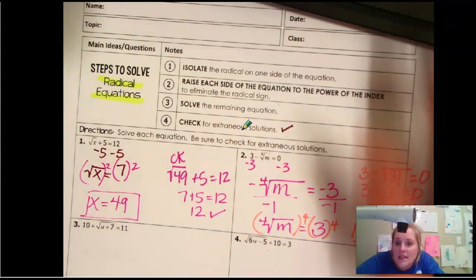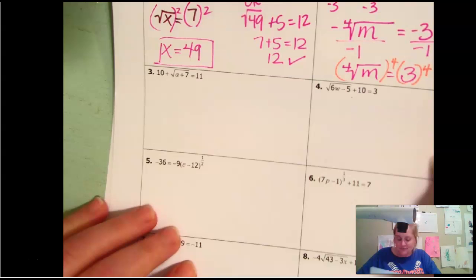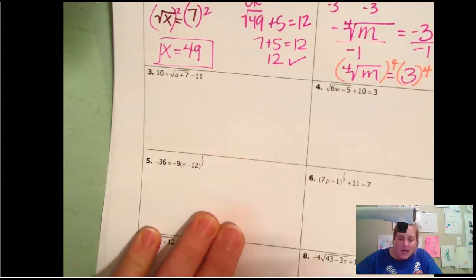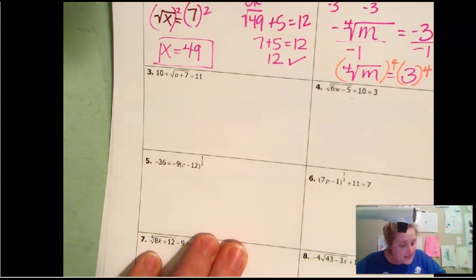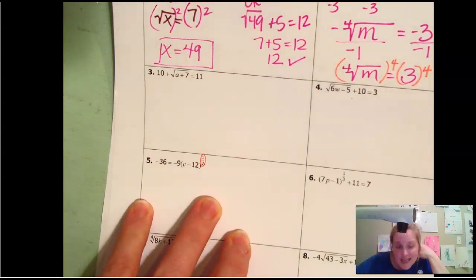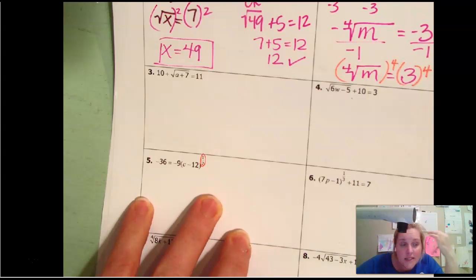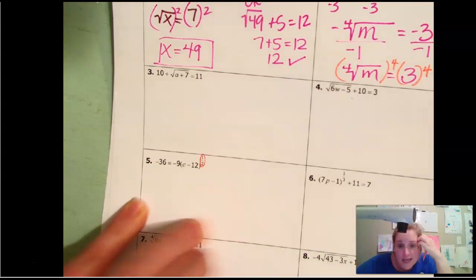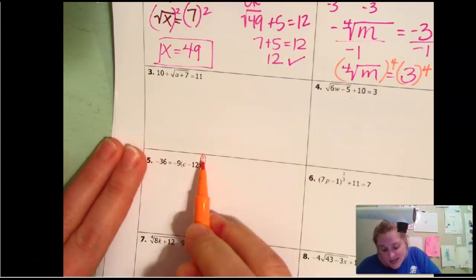Let's look at number 5. Now, the reason I want to show you number 5 is because this exponent is taking place of our radical, because remember the denominator is going to be your index number. So this is actually the square root. So before I can do anything, I need to get rid of that negative 9 because that's square root.